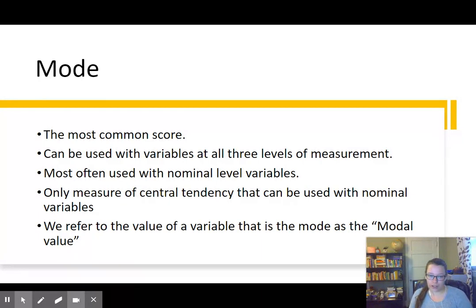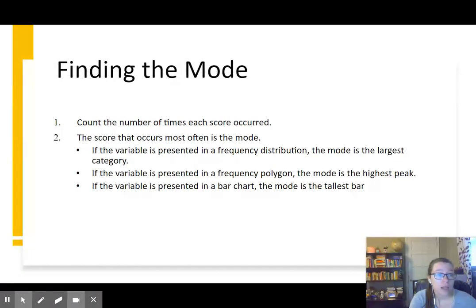And we refer to the value of a variable that is the mode as the modal value. So the number that appears most often is sometimes referred to as the modal value, but it's the mode, just different ways to refer to things. To find the mode, you will count the number of times each score occurred, and the score that occurs most often is the mode.